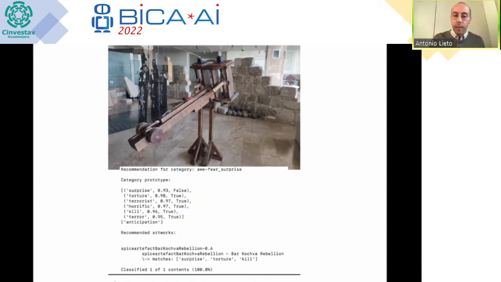The answer of this classification is awe because either in the text that you write in the app or in the emoji that you used, we detected keywords like surprise, tartar, kill, that match the typical features associated with this kind of concept.